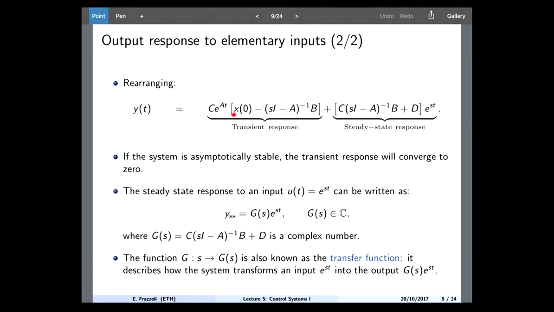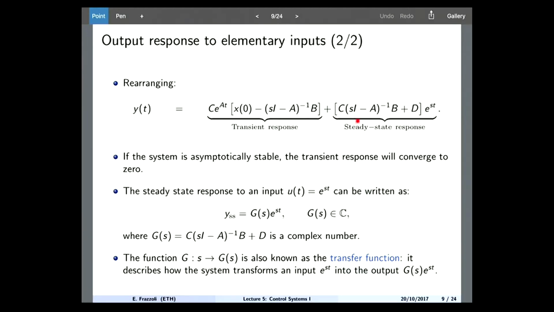Now, if your system is stable, all the eigenvalues of A have a negative real part, and all this stuff under square brackets will be multiplied by some exponentials that go to 0. That's why I call this stuff the transient response. As long as your system is stable, all this part will just disappear, will go to 0 eventually.